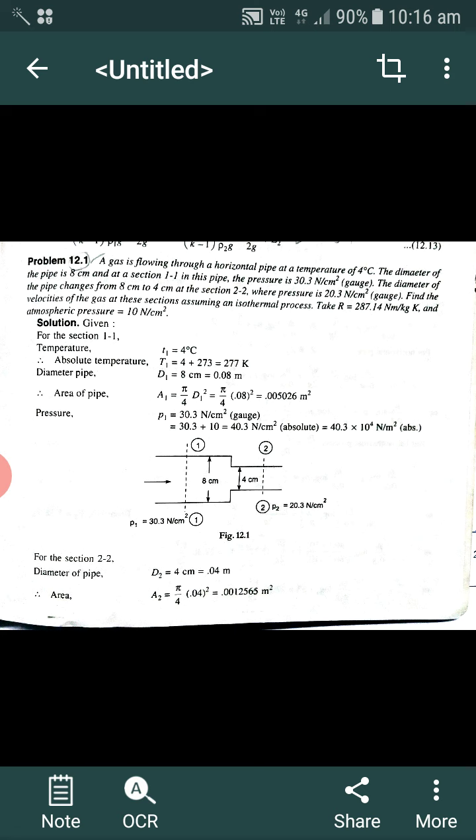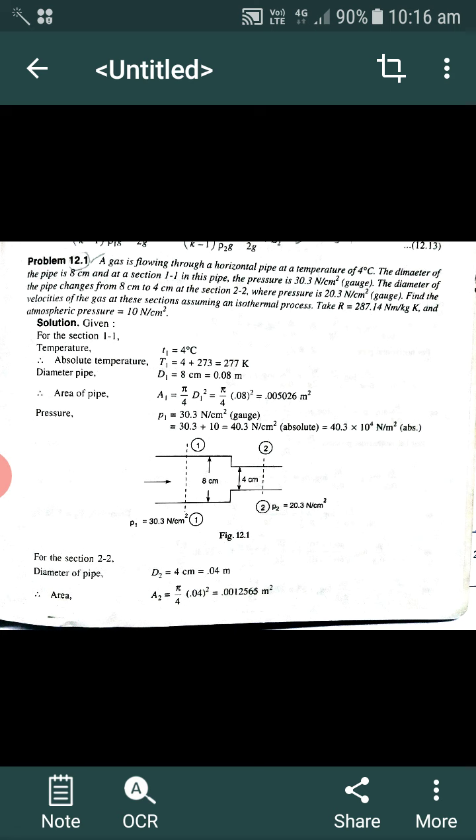The diameter of the pipe changes from 8 centimeter to 4 centimeter at the section 2-2 where pressure is 20.3 Newton per centimeter square gauge pressure. Find the velocities of the gas at these sections assuming an isothermal process.